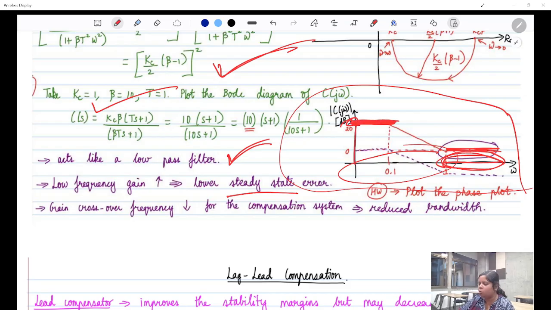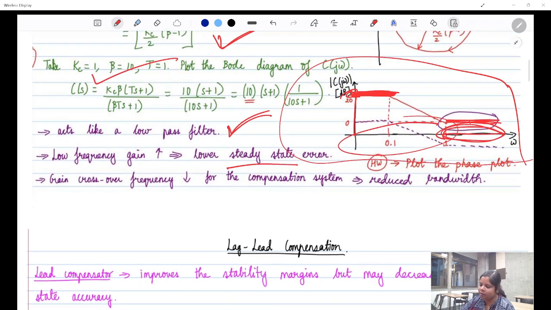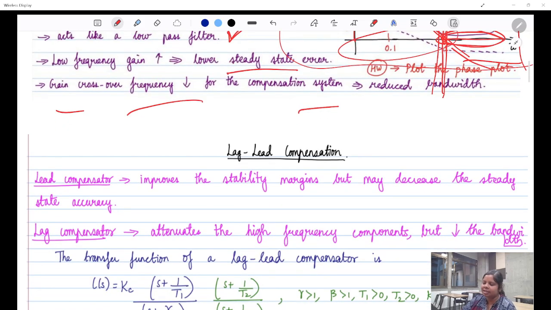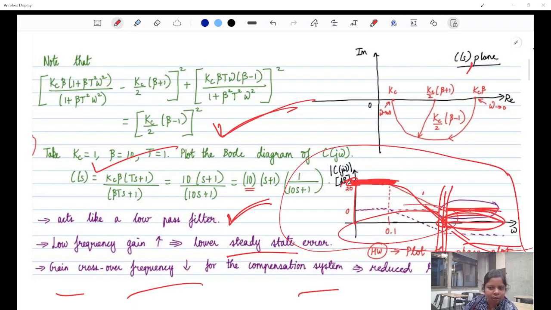So this leads to lower steady state error, and the gain crossover frequency for the compensator leads to reduced bandwidth, because the gain crossover frequency would come soon as it is crossing this, and that would lead to reduced bandwidth of the system. So there are some advantages and some disadvantages in both the lead and lag compensators, right?